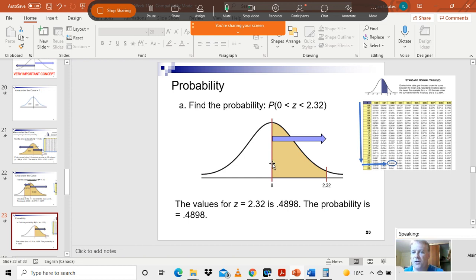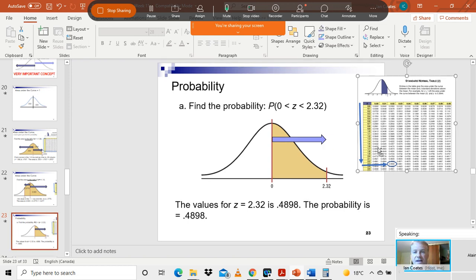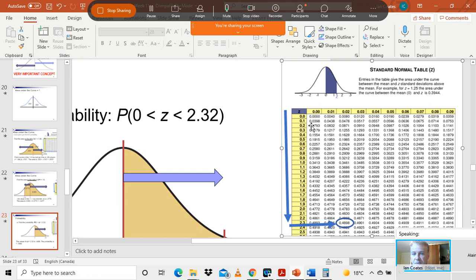We want to know the area under the curve, the probability between here and the 2.32 standard deviations. This table measures from here out, so you just go down 2.3, 2.30, 2.31, 2.32, which is 0.48.